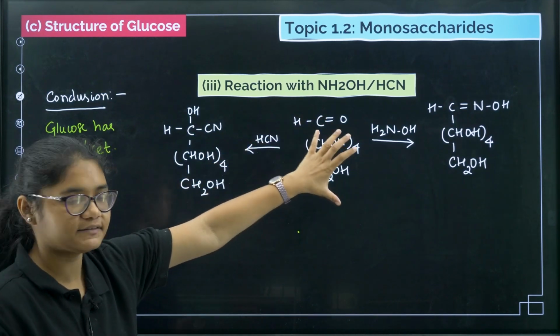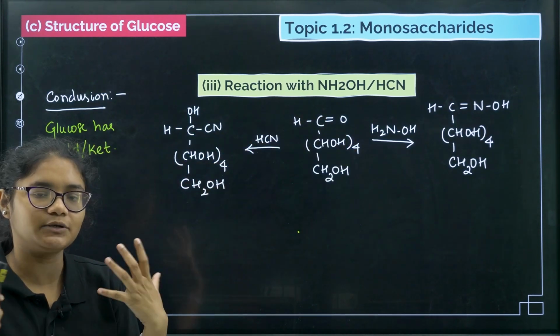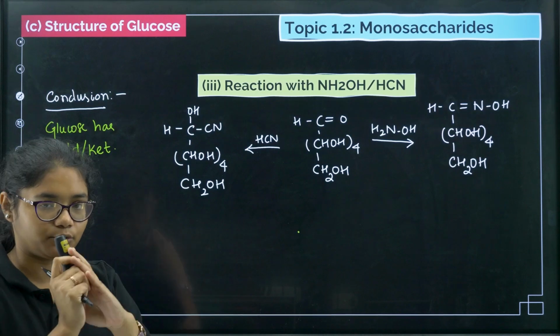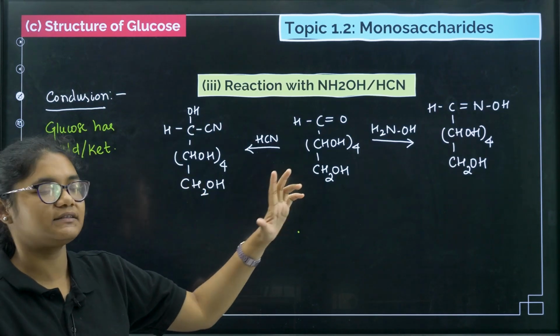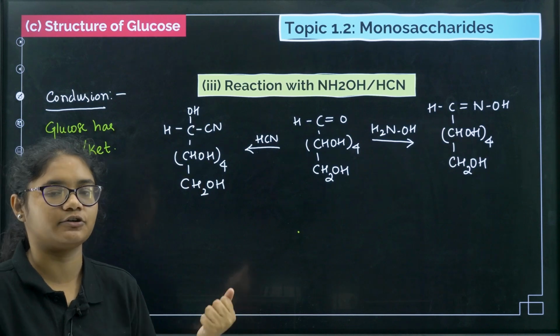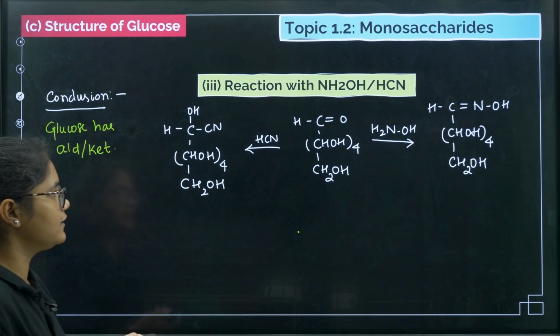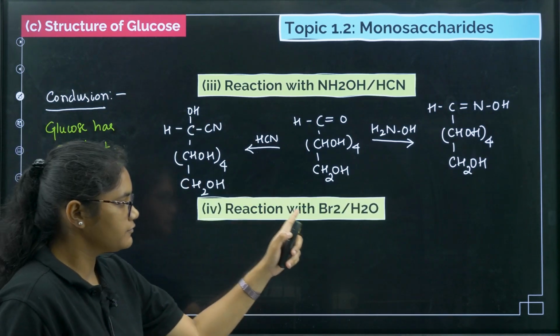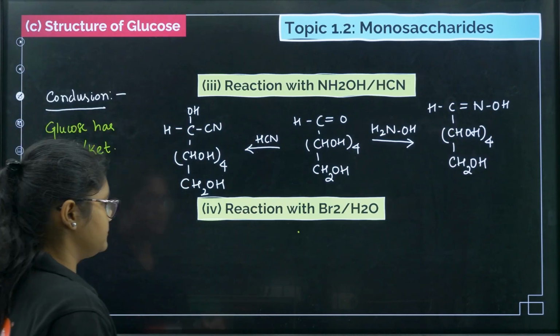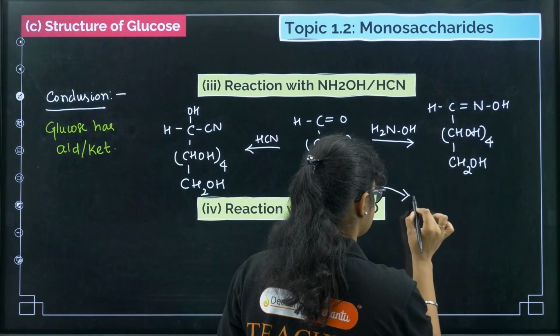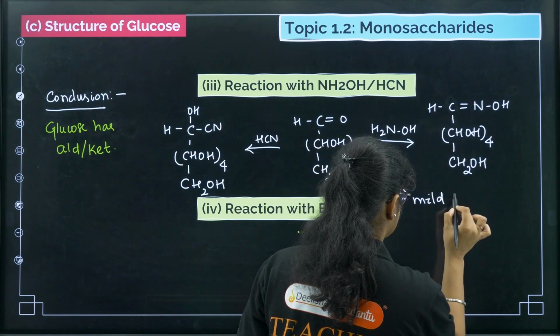Now I am drawing this structure because the structure is already known, but when we were not knowing the structure, at that time these reactions were done to deduce the structure of glucose. So the next reaction done was the reaction with bromine water. So what is bromine water? Bromine water is a mild oxidizing agent.